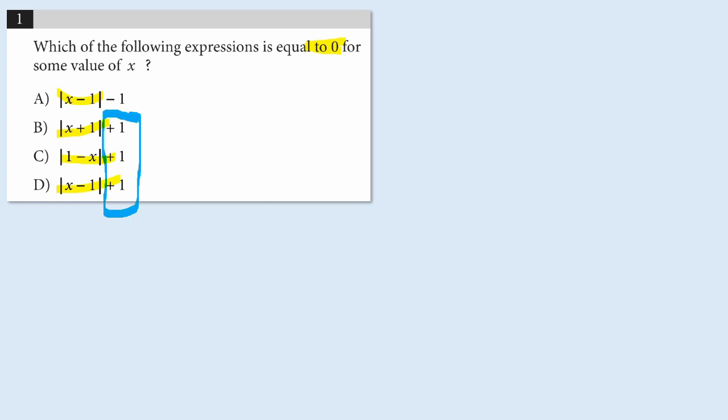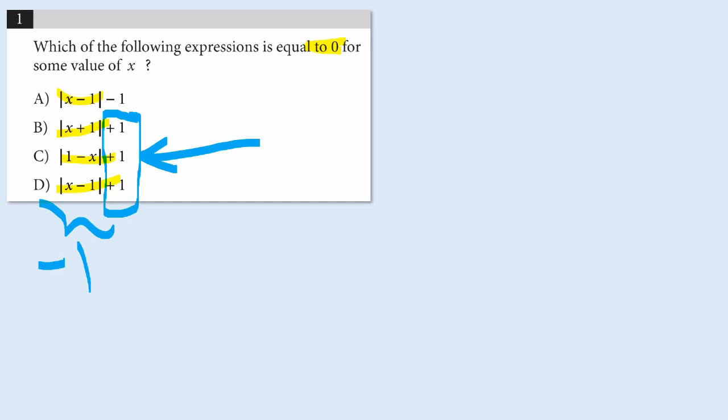Well, in these three expressions, if the whole expression is equal to 0, that means that the absolute value part would have to equal -1, right? So that when we add 1, it would equal 0.